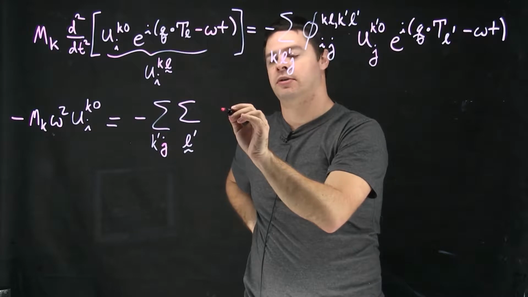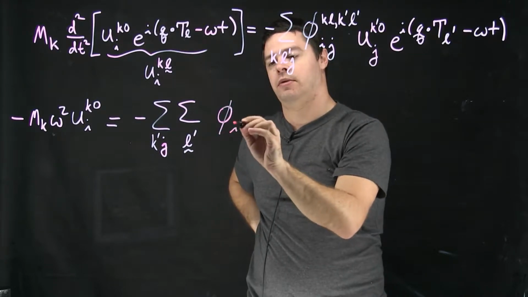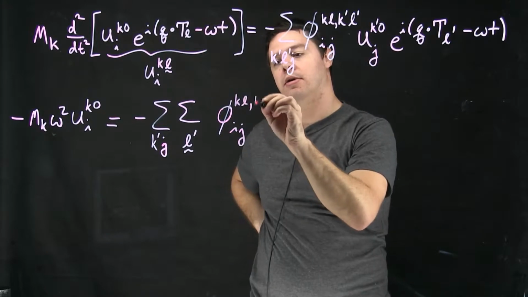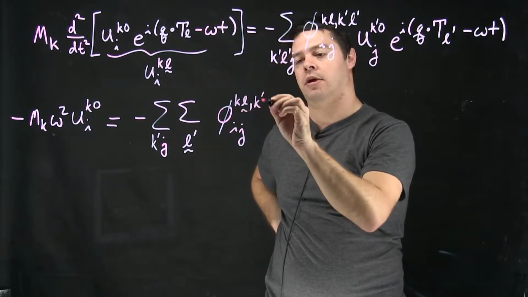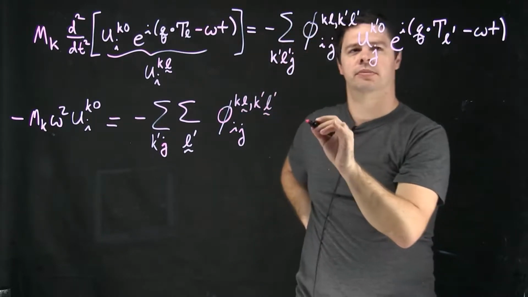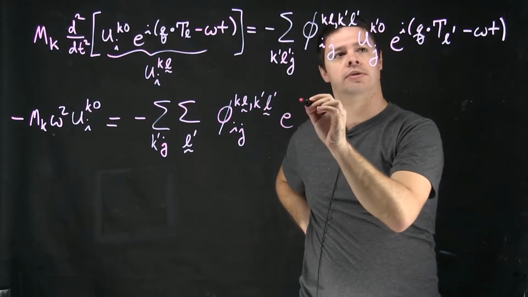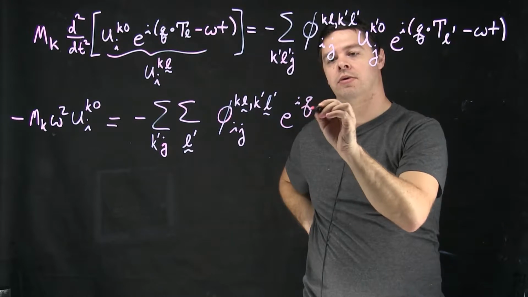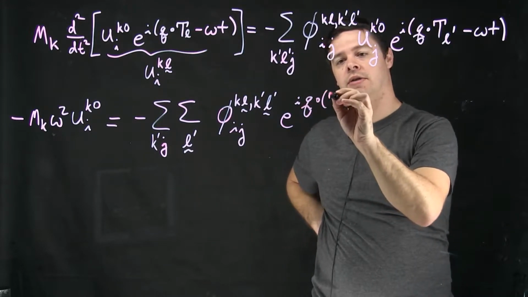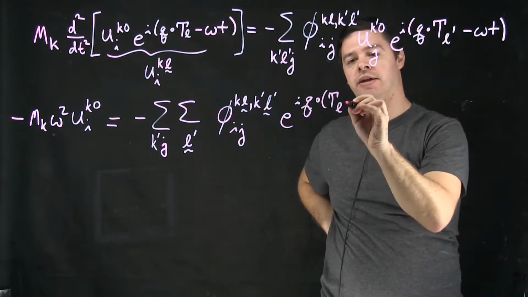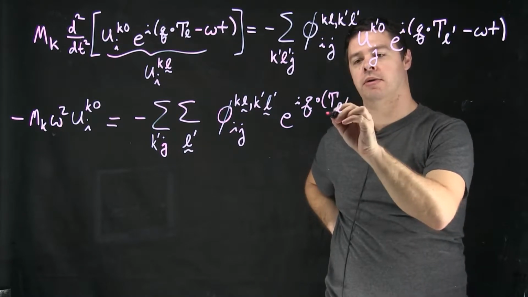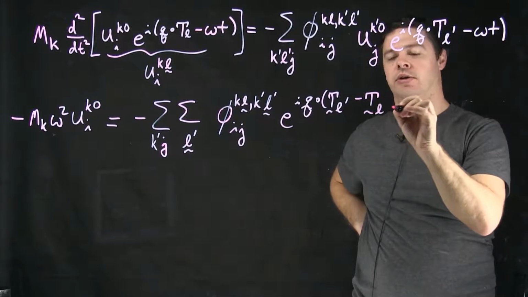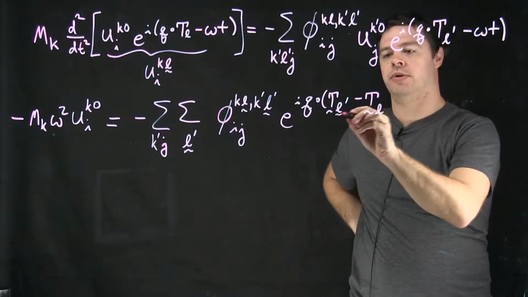So that is phi_ij, k l, k prime l prime, e to the i q dotted with, and I'm going to combine these now, T_l prime minus the translation vector associated with the lth unit cell.